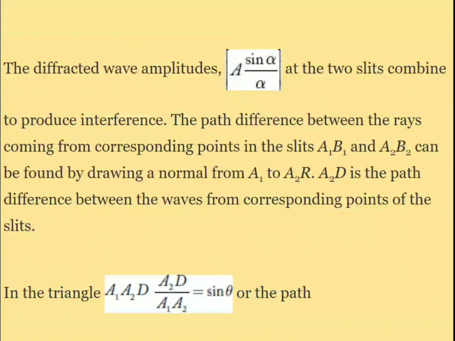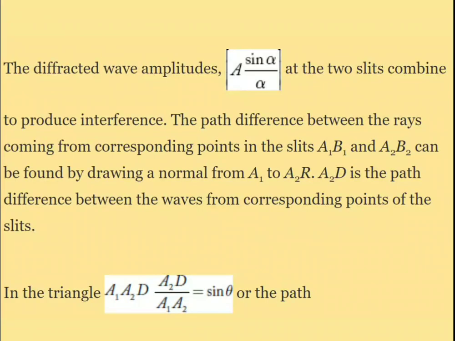The diffracted wave amplitude in a single slit is represented as A sin alpha by alpha. With the two-slit combination, an interference pattern is also produced. As I already said, in diffraction due to a single slit there exists only a diffraction pattern, whereas in diffraction due to a double slit there exist two patterns: one diffraction, another interference.